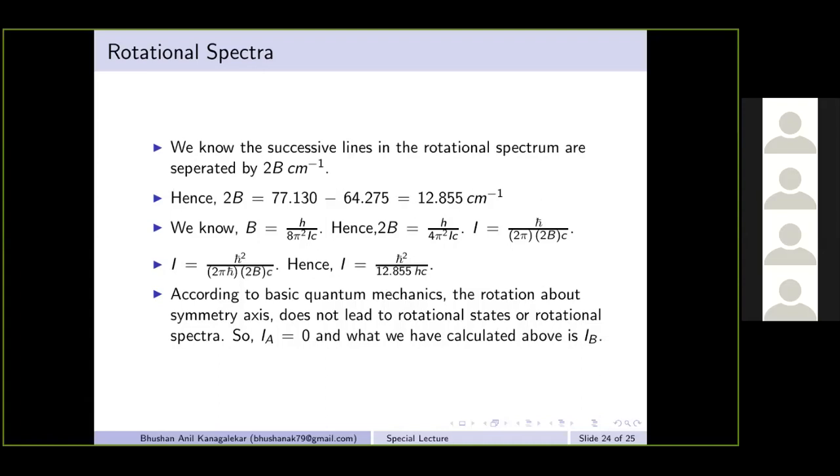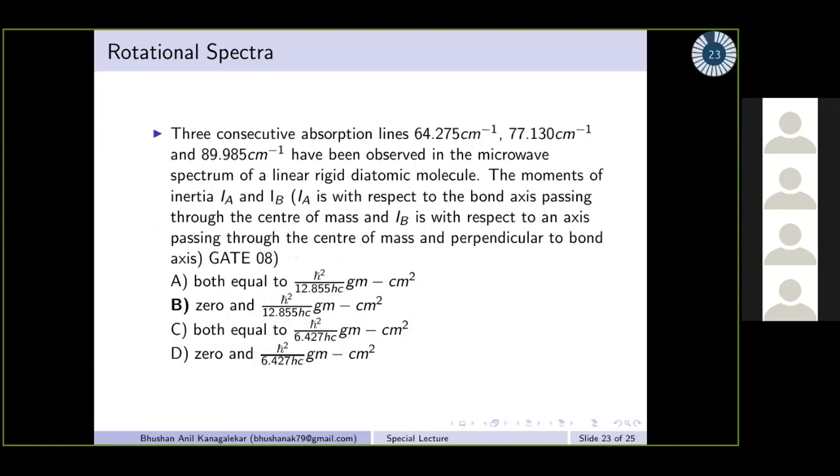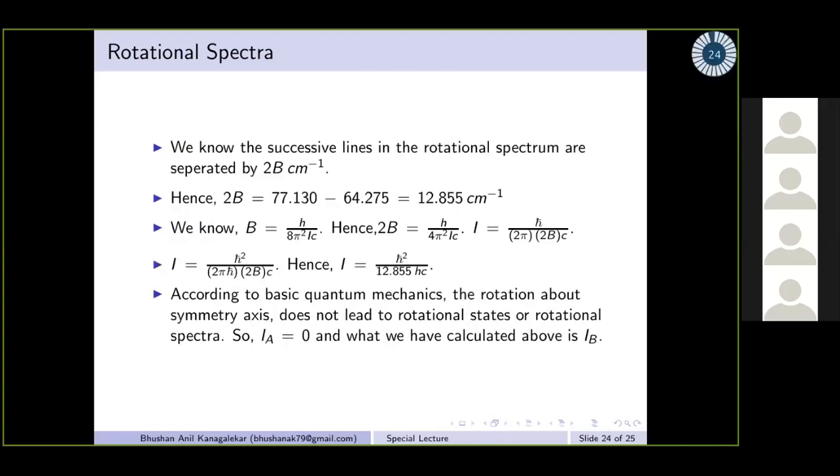So IA, the axis passing through the bond and the center of mass, is 0.